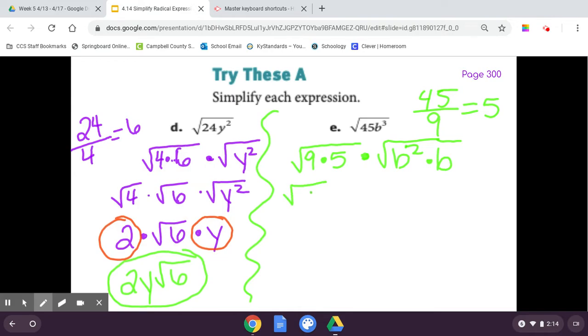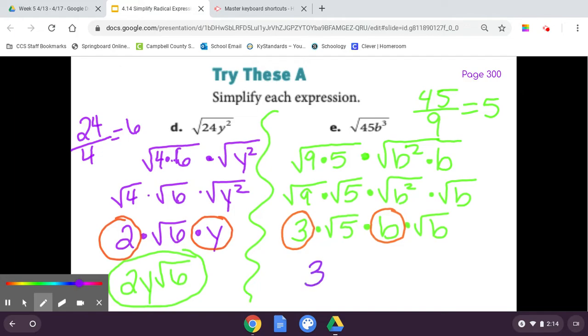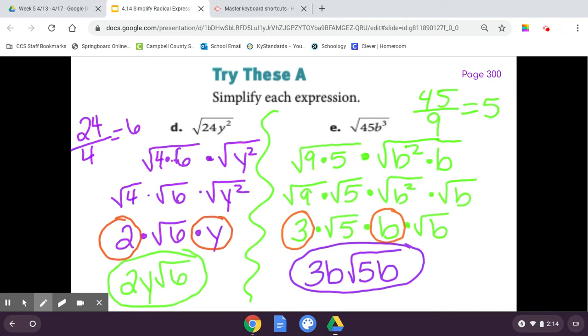So this is the square root of 9 times the square root of 5 times the square root of b squared times the square root of b. I know that the square root of 9 is 3, times the square root of 5, times the square root of b squared, which is just b, times the square root of b. So again, I can take the ones that are not underneath the radical and put them together here. So I have 3 times b, all times the square root of 5b. And again, that is our answer.